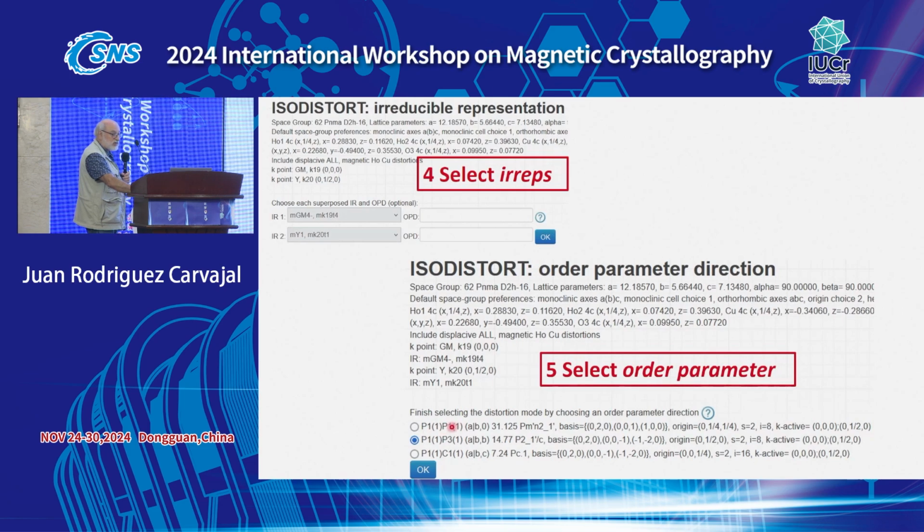All this notation can be found in the information of isotropy, and this corresponds to a particular type of so-called images. And here you have the order parameter for the first irreducible representation, which is this one, which is one-dimensional.